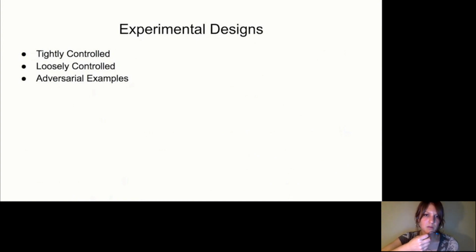But broadly speaking, we could organize the work that's been done into three categories. There are experimental designs that prioritize very tight control, or what we call minimal pairs. Then there are designs that are much more loosely controlled, where we're looking broadly at sets of phenomena, but without this very tight treatment control setting. And then there's work on adversarial examples, which I'll touch on briefly.